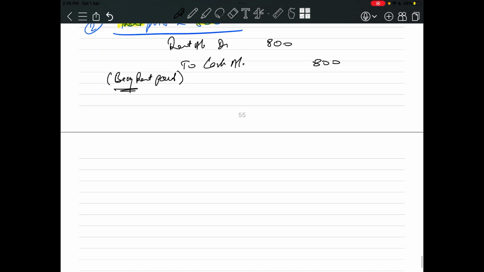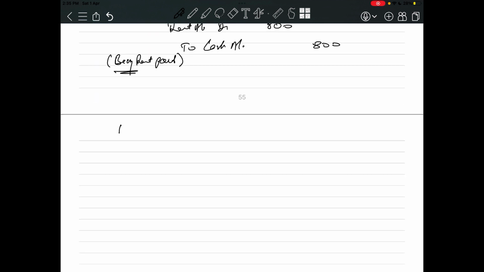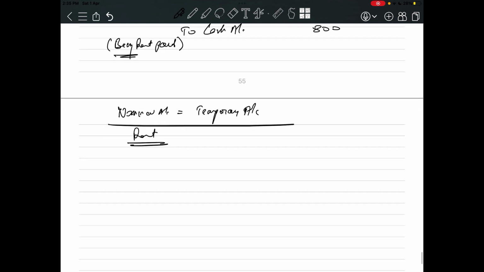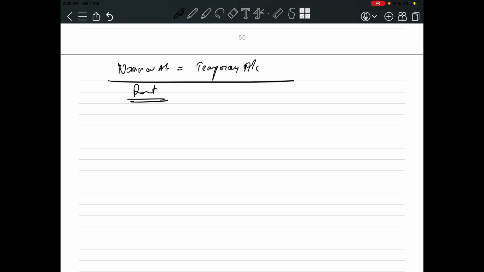Simple. Now let me tell you why we call nominal account as temporary account. Nominal account is equal to temporary account. So let's take an example of rent. Now you pay rent every month. You have taken a building on rent for carrying on your business. You used to pay rent every month. So from Jan to December you will pay, say for example, 5,000 rupees per month.